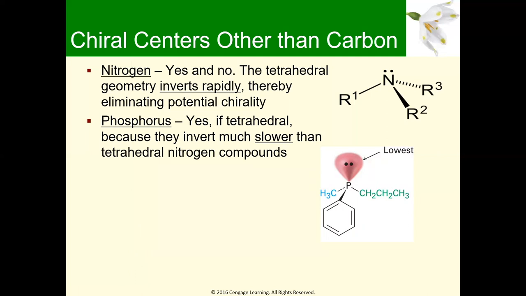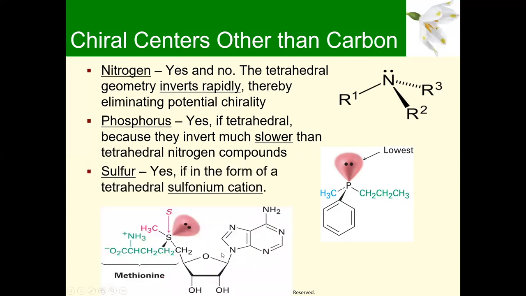The reason why is because it still inverts like the nitrogen does, but much slower. And when it is chiral, then interestingly, the lone pair of electrons gets the lowest priority. Okay. That's because its atomic number is 0, right? There are no protons there, just a pair of electrons. And sulfur is the other one, but only when sulfur is in a sulfonium salt.